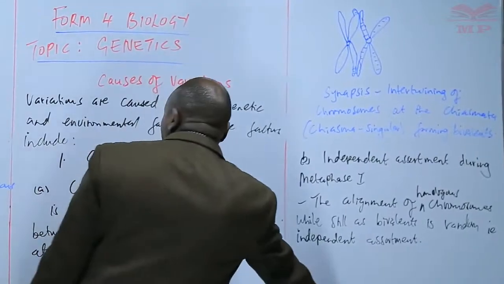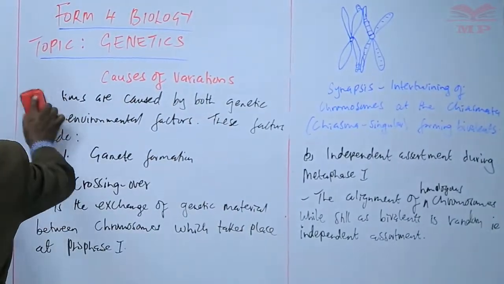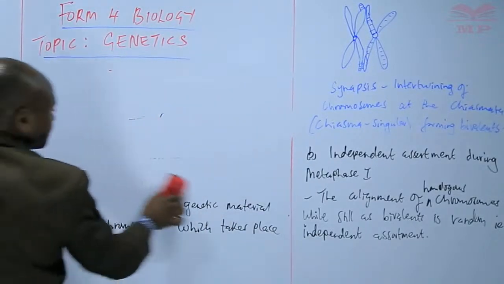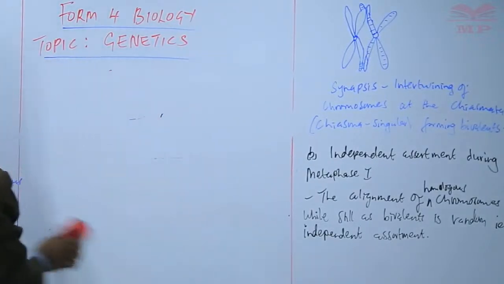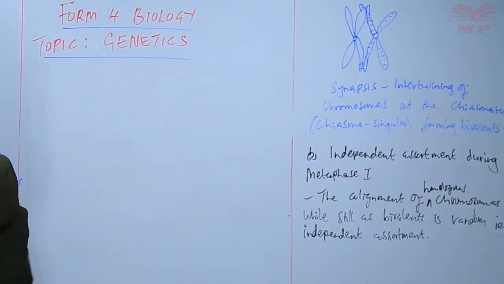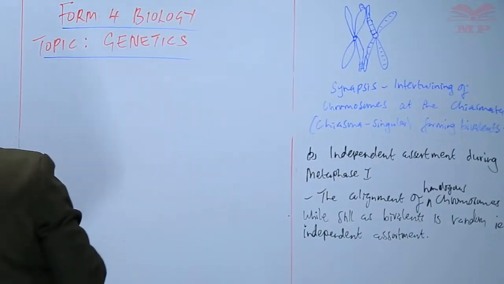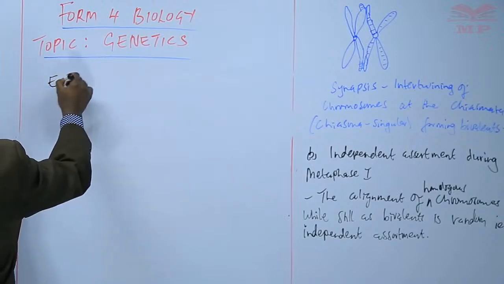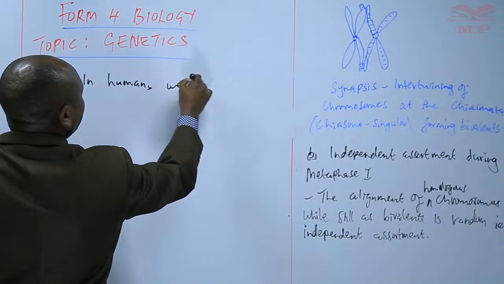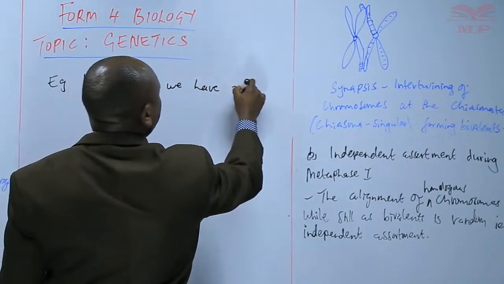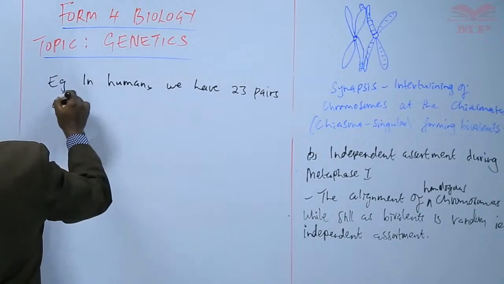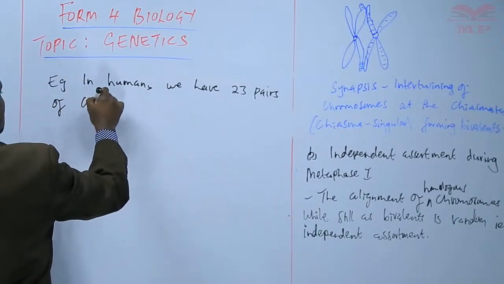But just to elaborate that point on independent assortment, for example, in humans, we have 23 pairs of chromosomes.